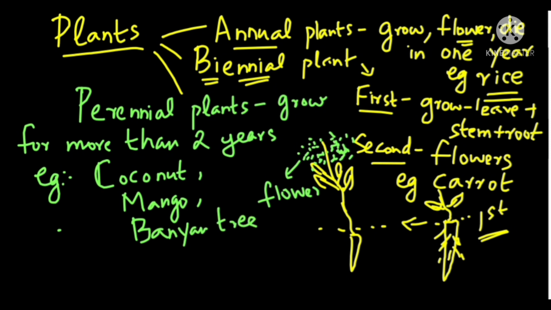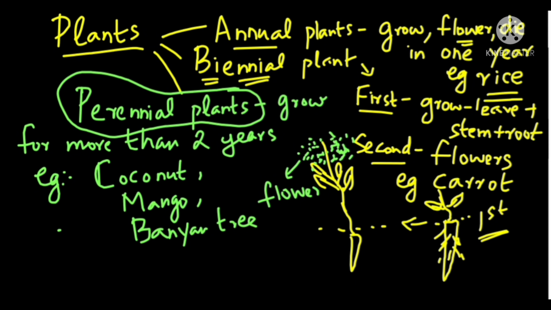Why we took up this topic is to understand whether these 3 phases are applicable for all plants or not. It is applicable in the case of annual and biennial plants, but for perennial plants, it is difficult. Why? Because we don't have a definite juvenile, reproduction, death phase for perennial plants, because they live for many years.